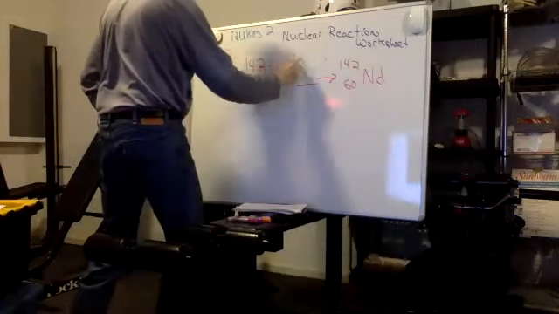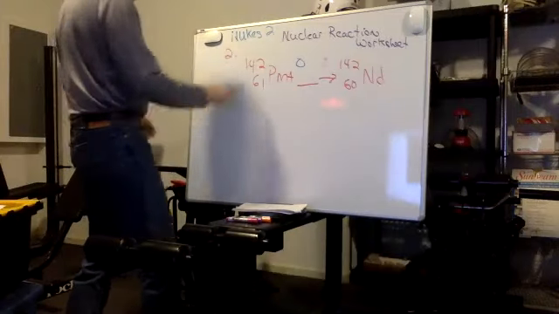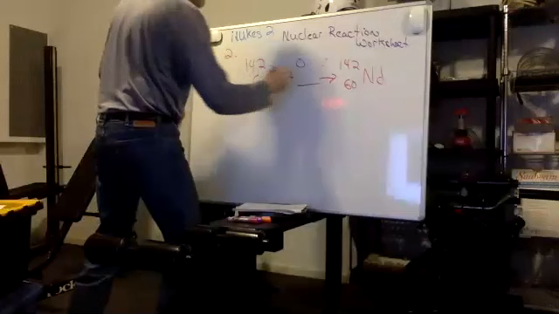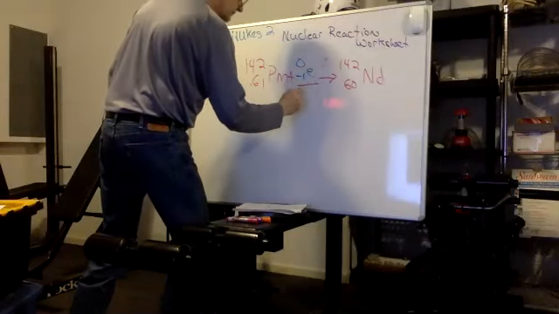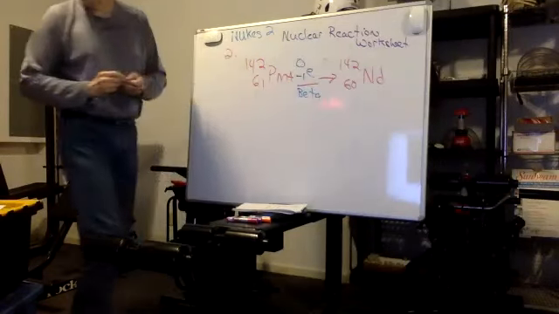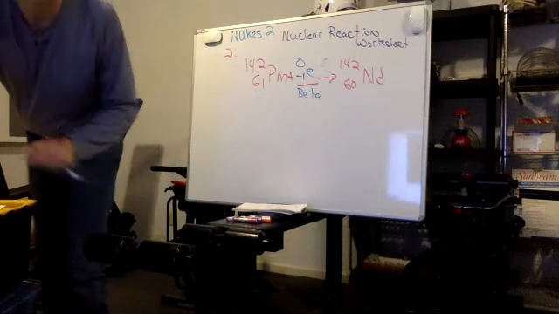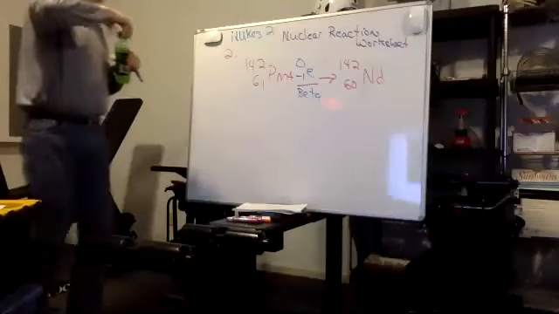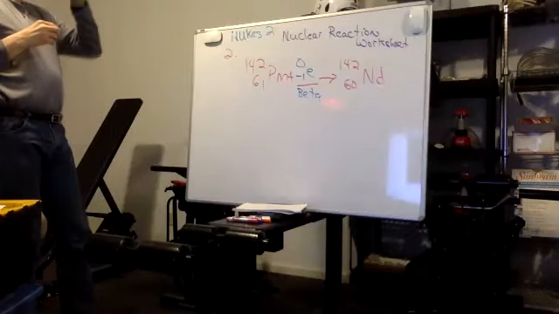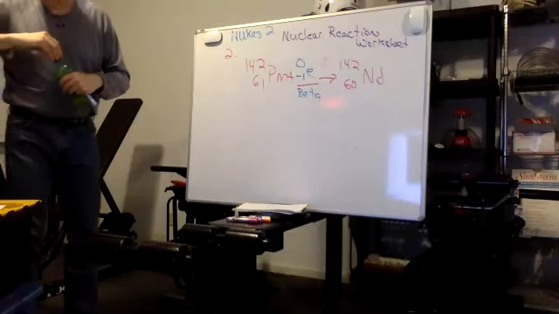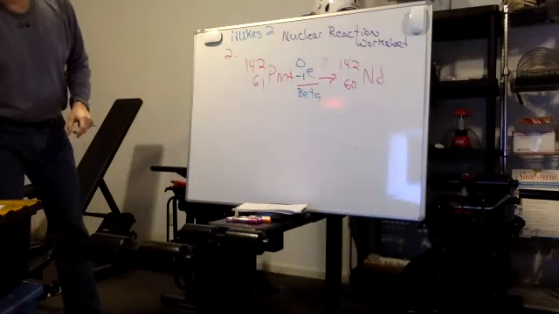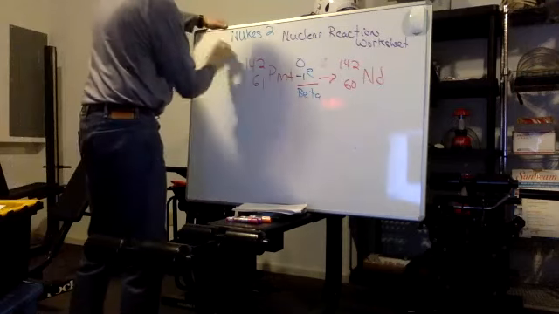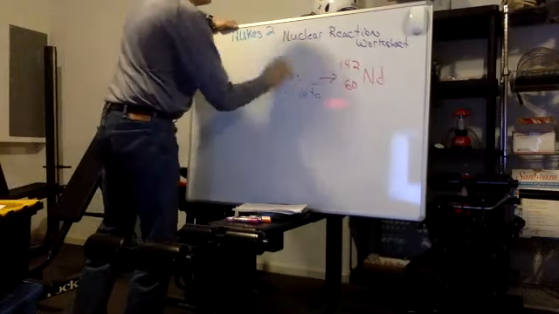There's no mass change. And we've got to go from 61 to 60. And that's going to be a beta particle sliding in there. Number 2.